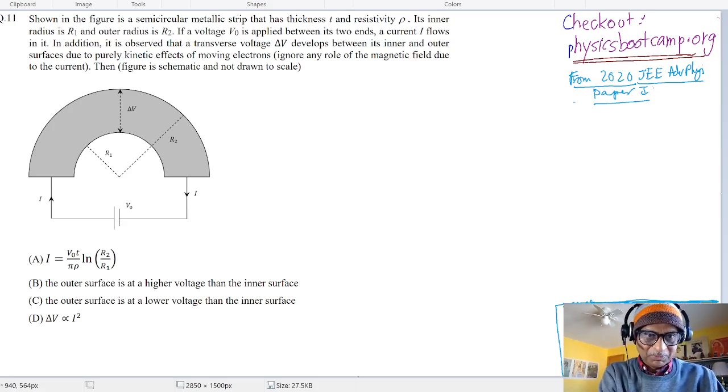It's a good physics problem, and it comes from the electric current chapter.